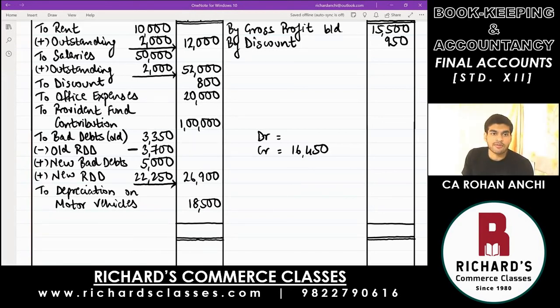Just check on the screen whether you have the same items. 2,37,400. 2,30,200. Just check, everyone. Are you getting the same figures here? Yes, sir.